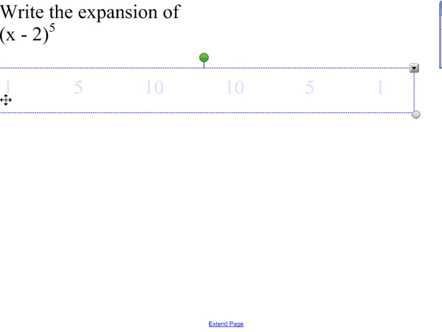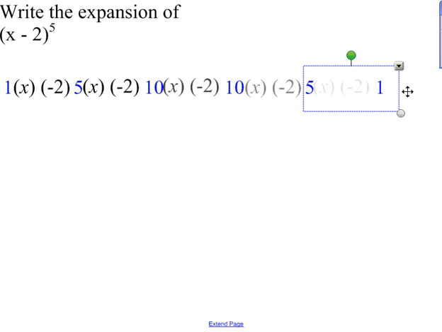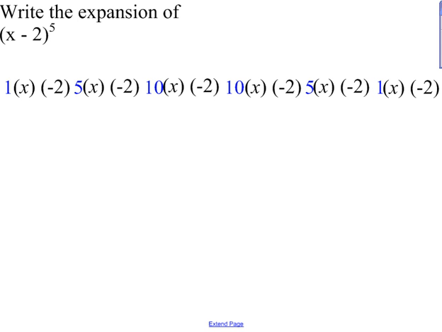Alright, so from the Pascal's triangle, we know that the coefficients are going to be 1, 5, 10, 10, 5, 1. And we can just go ahead and write a and b next to each one of those coefficients. So x being my a and -2 being my b. Now what do I know about the exponents? I know that they have to follow a pattern.